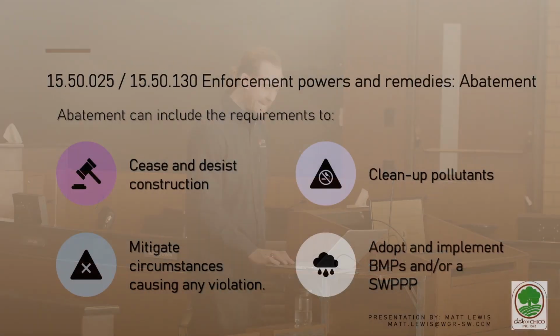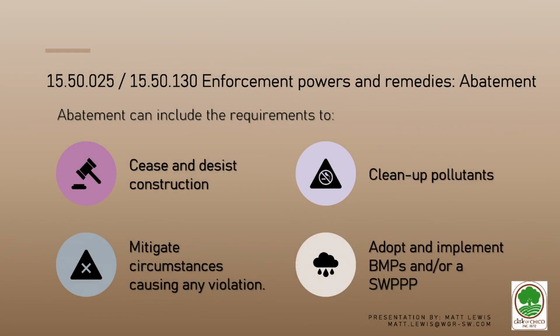You are also able to command the discharger to mitigate any circumstances that may cause or contribute to any discharge or condition in violation, and if necessary, submit and implement a stormwater pollution prevention plan, sometimes known as a SWPPP, and/or BMPs approved by the director for the correction and prevention of the discharge or conditions in violation.